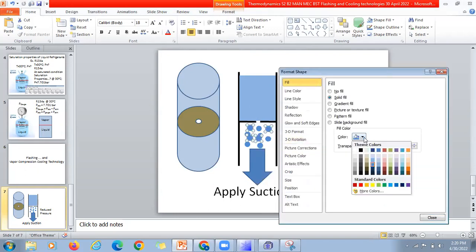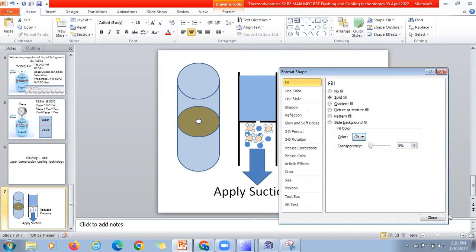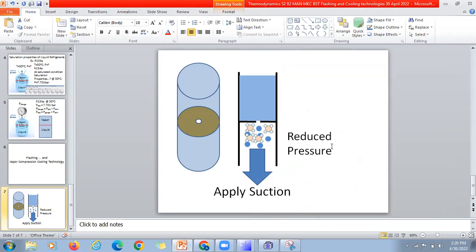I will mark the gaseous molecules in a different color. So gaseous molecules and liquid molecules are both together, but of course more liquid in general. This is the situation when you apply suction.